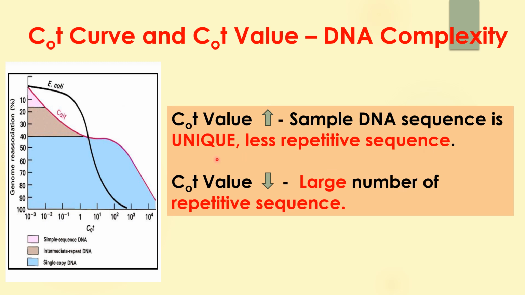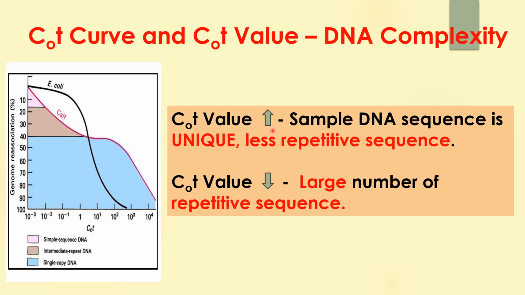Unique sequence is more. See here, the blue part represents a single copy of DNA, that means unique DNA. The calf DNA has a long region of unique DNA, so the COT value is more here.